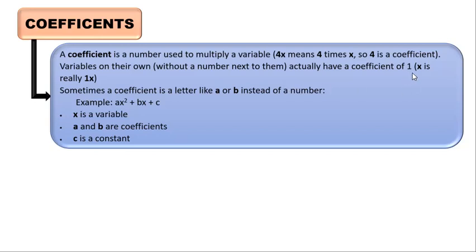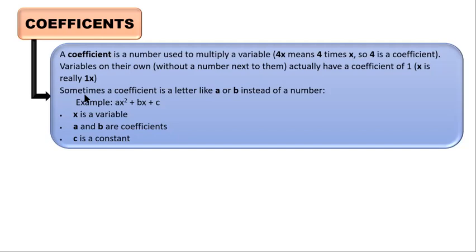For example, we have the variable x. Actually, again, it has a coefficient 1. So therefore, x is really 1x or 1 times x.